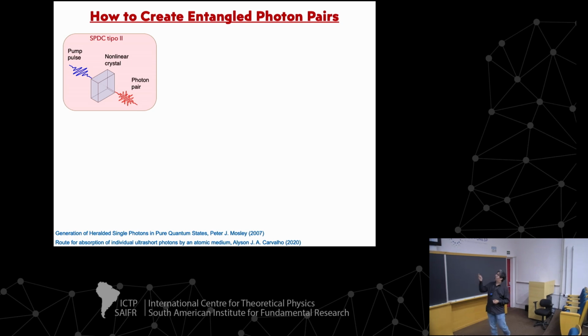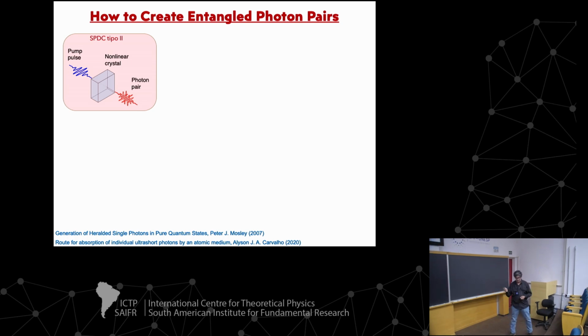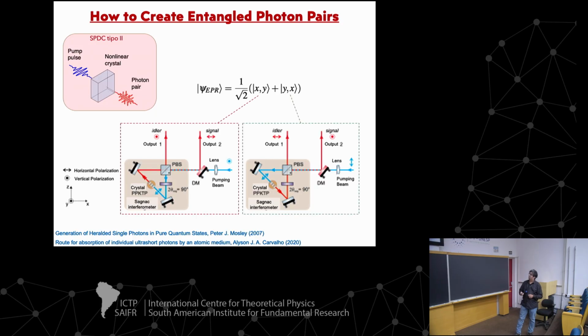Okay, so I already discussed this in my last lecture, but just passing through, just to call attention. Actually, Stephen also discussed how you build this kind of entangled states. For this kind of Sagnac interferometer, you just have these two different ways to circulate the Sagnac, which would result in one polarization or the other.